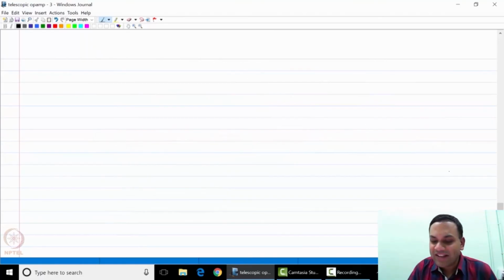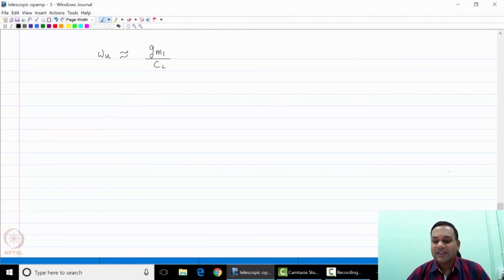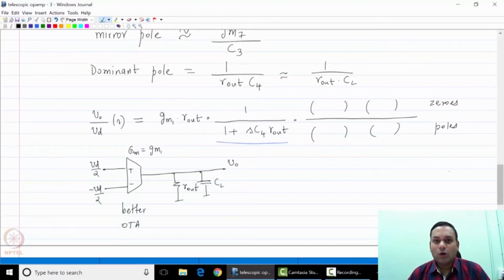So you can say that omega u should be equal, in an ideal case, to GM1 over CL. As you can see, the R out of the system does not figure into the unity gain frequency of the loop, because the DC gain is also decided by R out, and so is the dominant pole frequency.